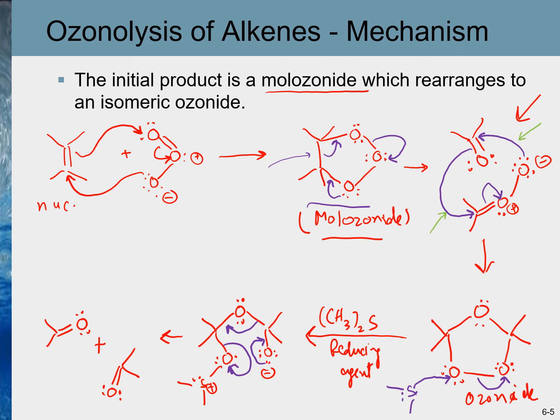So these are our final products, plus the remaining dimethyl sulfoxide, which is not the compound of our interest. That's the reducing agent, so we don't need to worry about it. So this is the complete mechanism of ozonolysis of alkenes.